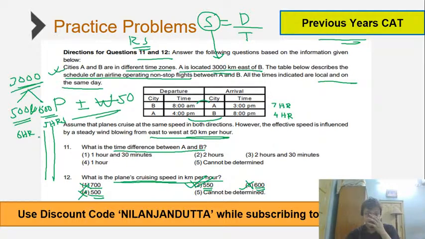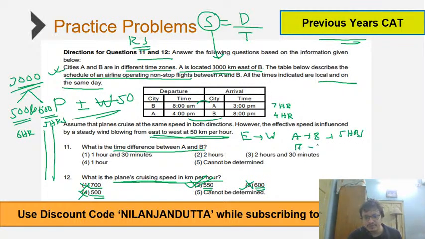Which means, given that the wind is blowing from east to west, when I'm going from east to west, that is when I'm going from A to B, then I'll end up taking less time, which is 5 hours.